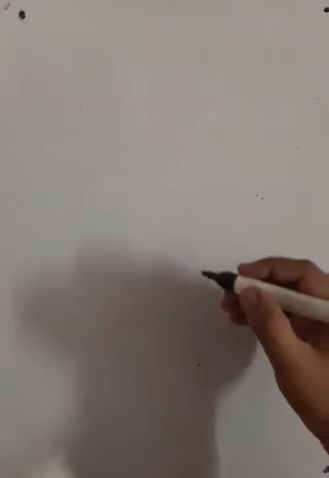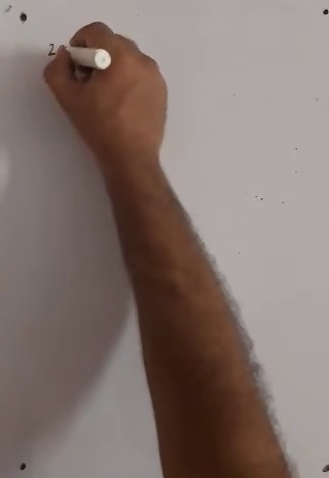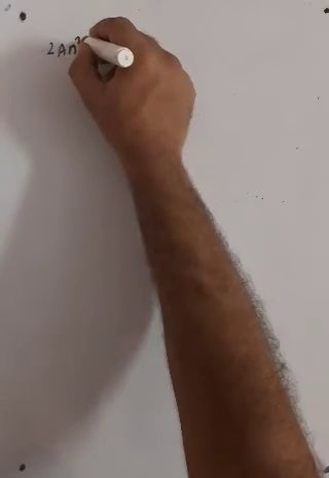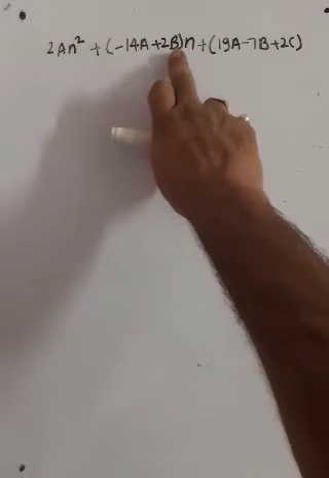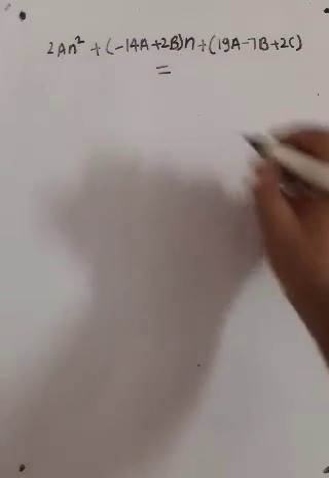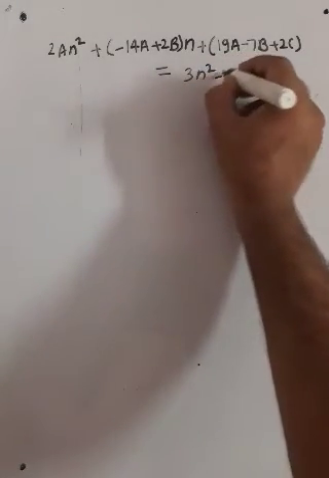If we solve this, then we get 2a n square plus coefficient of n equal to minus 14a plus 2b, and the term without n is 19a minus 7b plus 2c, and this is equal to 3n square minus 2n plus 1.